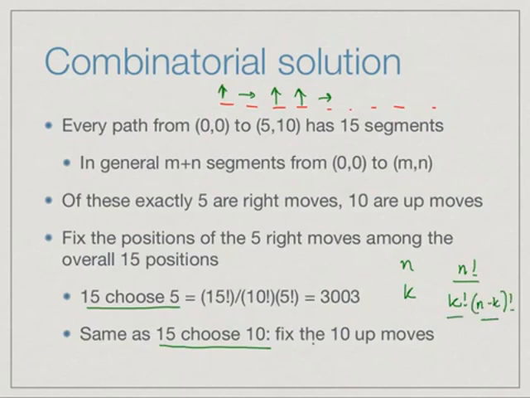So this k and n minus k basically says that 15 minus 5 is 10, so we get a symmetric function in terms of k and n minus k. So in this case, we can apply this formula, if you would like to call it that, and directly get that the answer is 3003. So there doesn't appear to be much to compute other than writing out large factorials and then seeing what number comes out.